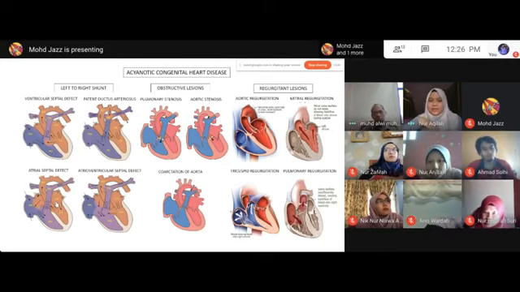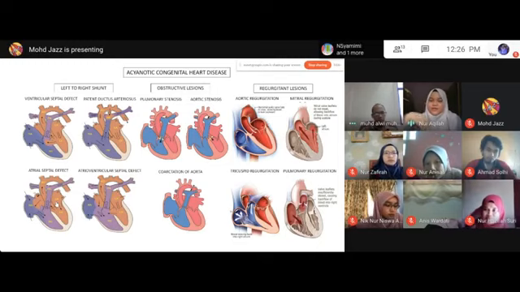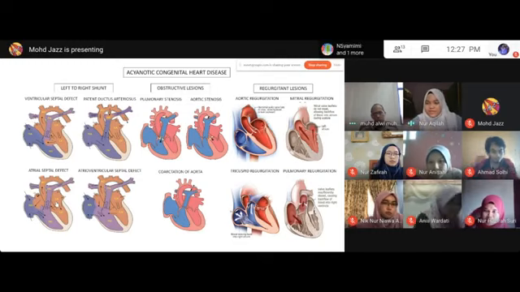Okay. And then the second type is called ostium primum or primum ASD. In this ostium primum ASD, it is associated with AVSD, or we can also call it endocardial cushion defect. So later I'll talk about AVSD, but as a general principle, AVSD can be divided into partial or complete AVSD.